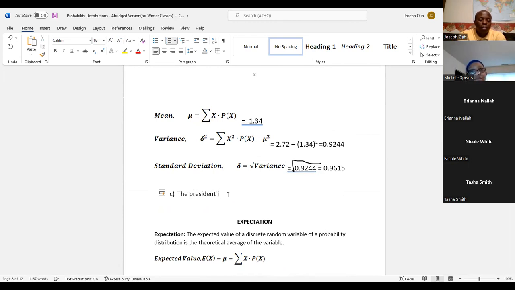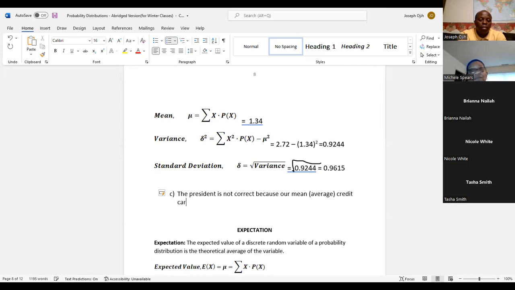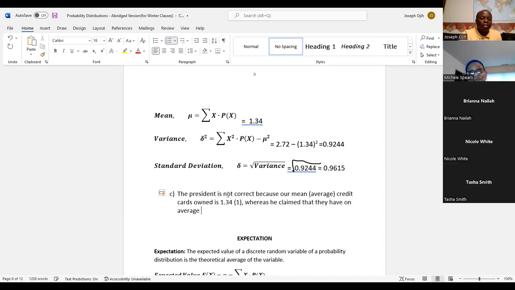The president is not correct because our average, the mean number of credit cards owned, is 1.34, which is basically 1 credit card, whereas he claimed that they have on average 3 credit cards.